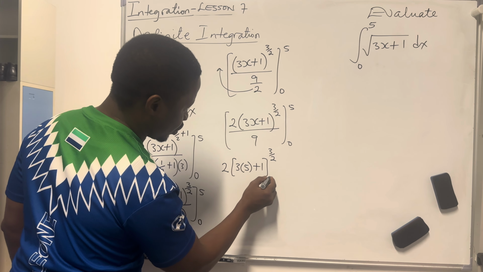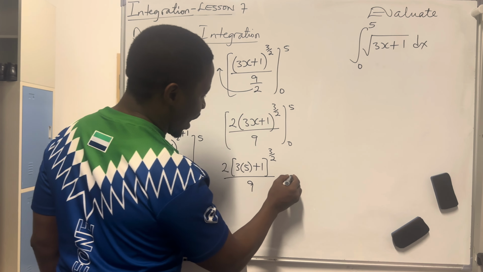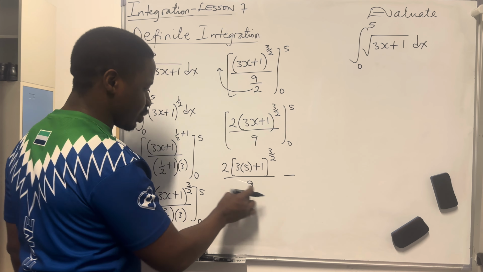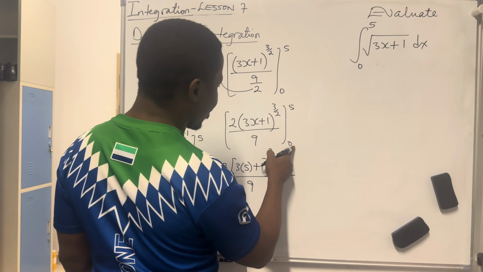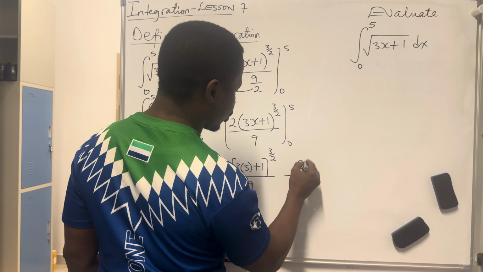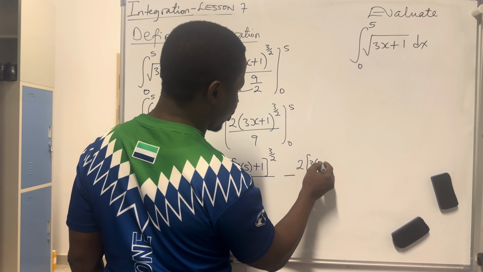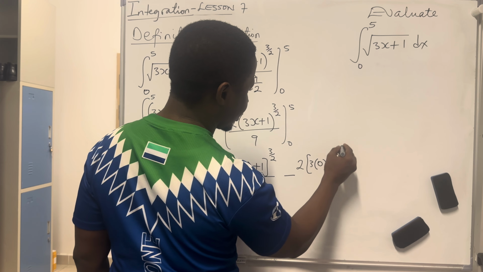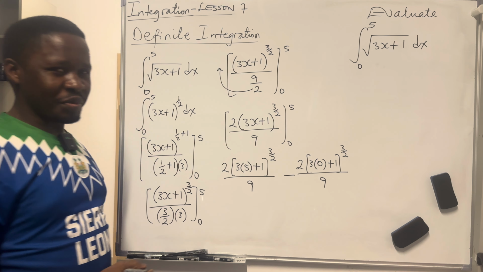Over 9, minus. This one is a single term, so it is not composite to be in a bracket as usual. Now it is time to use 0. So 2 into 3 times x, x is 0 now, plus 1, to the power 3 upon 2, over 9. I hope it is clear.